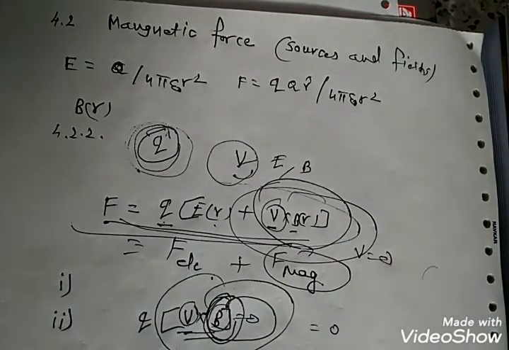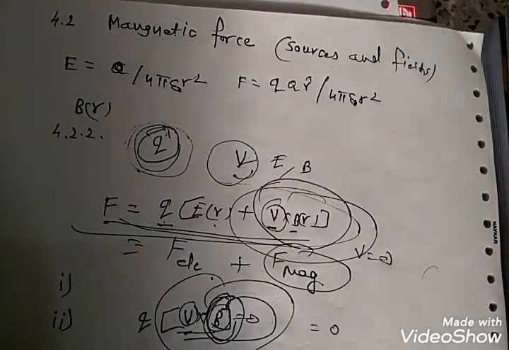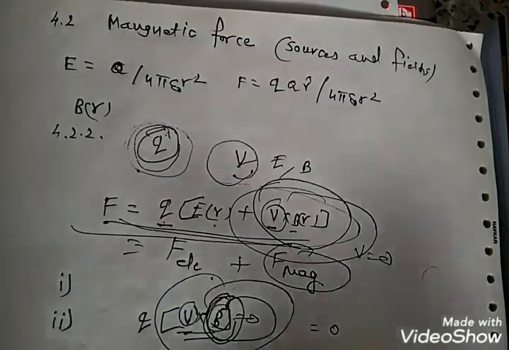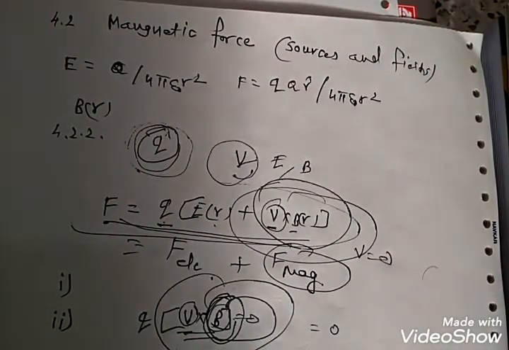Now the unit of B is Newton second per coulomb meter. The other unit is called Tesla, named after Nikola Tesla.